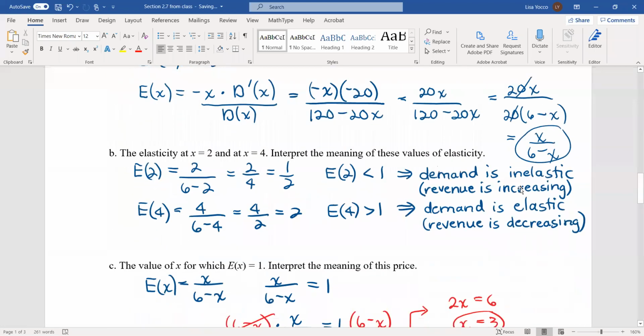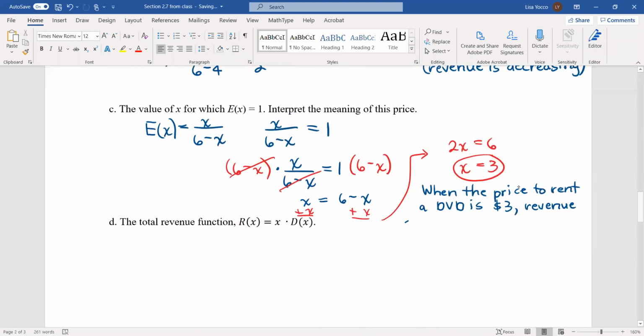So the revenue is at a maximum, and I guess we could say the demand has unit elasticity.